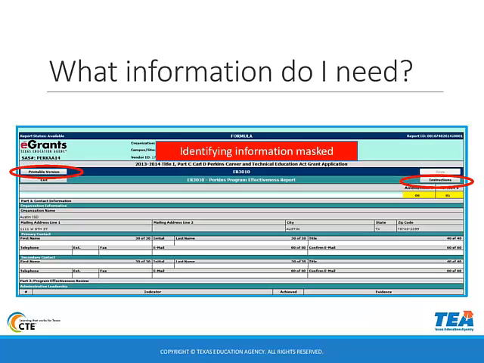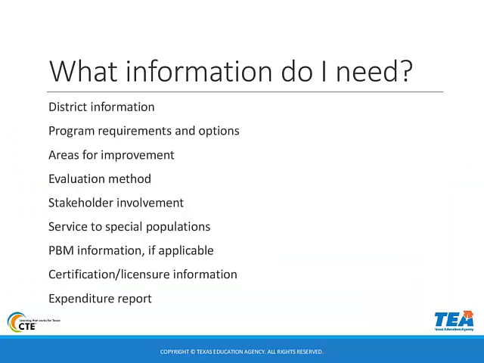So I think this is maybe the most useful slide in my whole presentation, because it tells you what information you really need in order to fill out the program effectiveness report. And you can see the list of information up here.